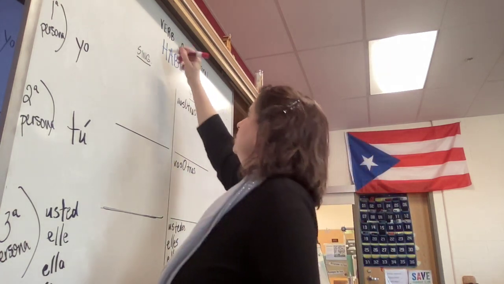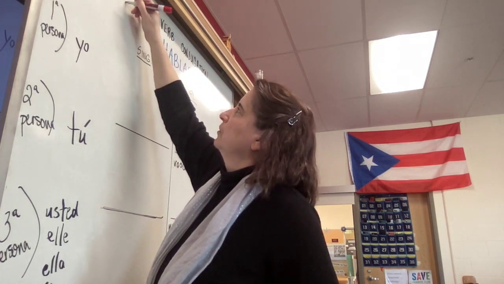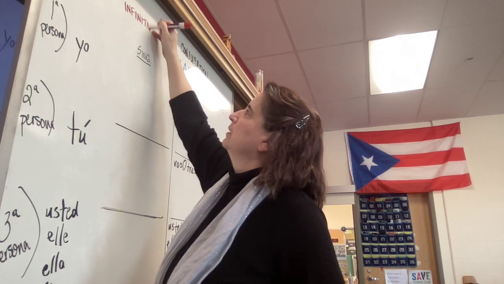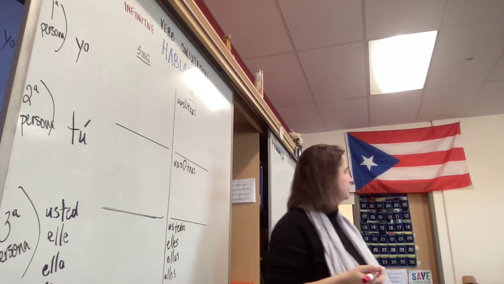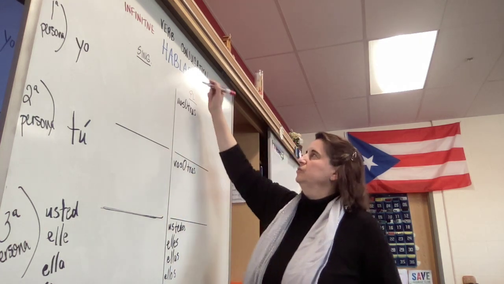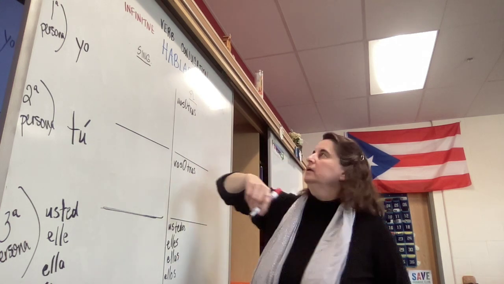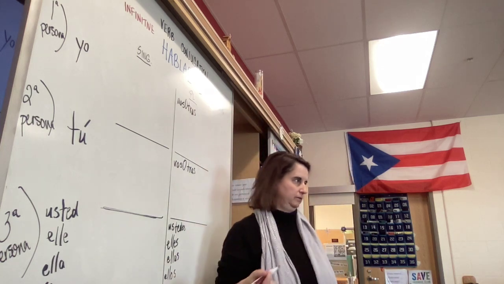In Spanish, this form of the verb has a special name. It's called the infinitive. The infinitive in Spanish always ends with an R, and the stress always goes on that syllable, hablar. In English, the infinitive always has to in front of it.